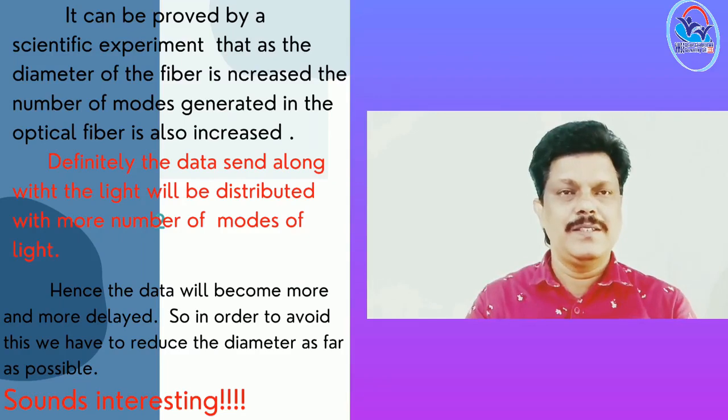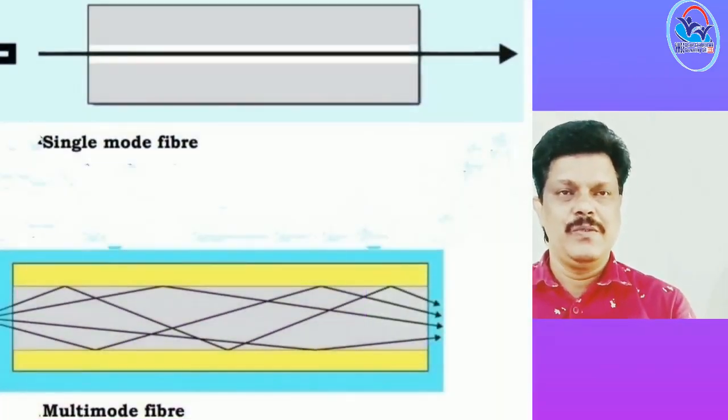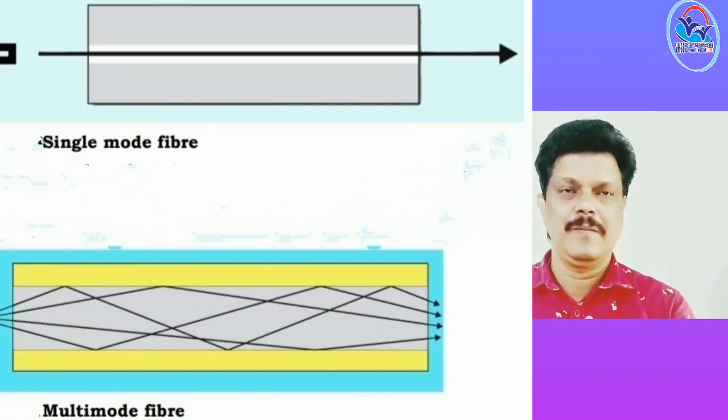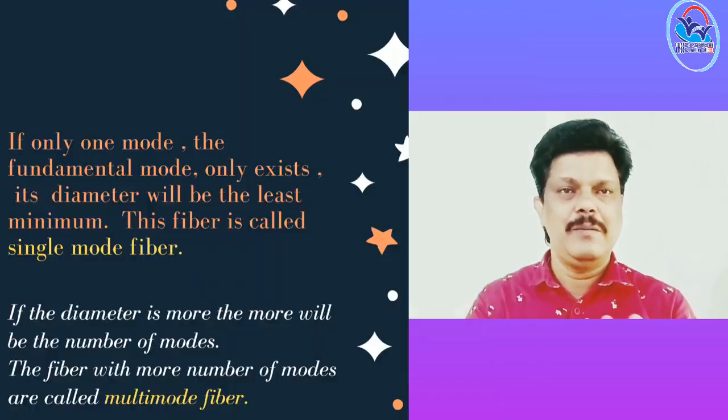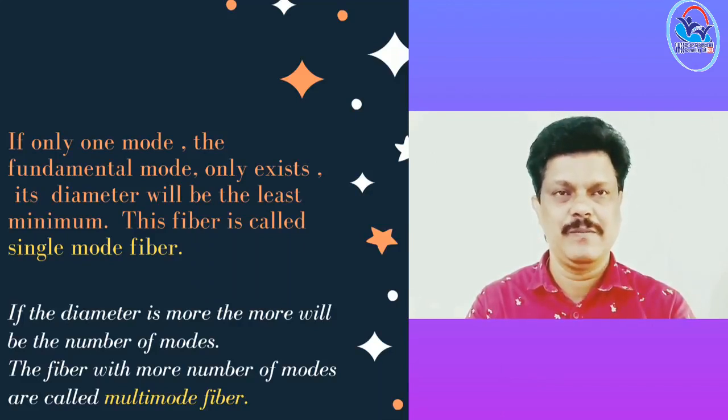If the fiber contains only one mode, we call it a single mode fiber. If more than one mode is present in the optical core, we call it a multi-mode fiber. Here we can assume that the diameter of the single mode fiber will be the least because it contains only one mode.